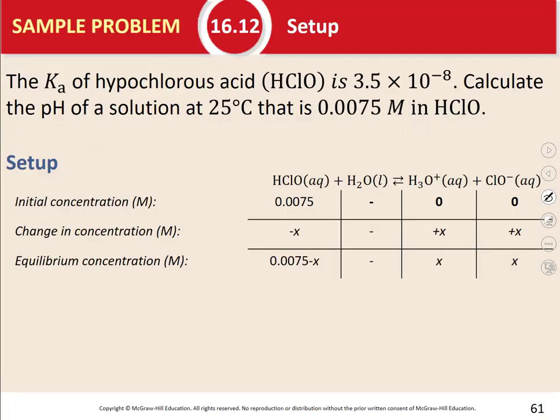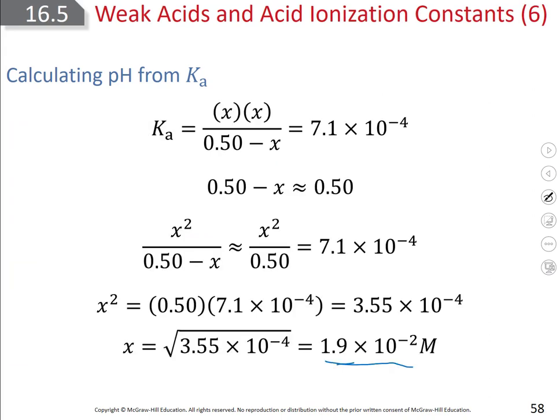If we assume that X is very, very small, then let's go back to the original equation here. When we get to this point here, if we assume X is very small, we're going to ignore the minus X in the bottom. So we end up with just X squared on the top and 0.50 on the bottom. We assume that X is so small that we can just ignore it. If we do that, now can we take the square root of both sides? Yes, we can take the square root of both sides. Because now we just have 0.50 on the bottom.